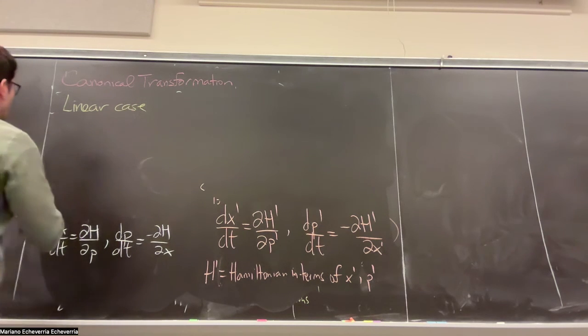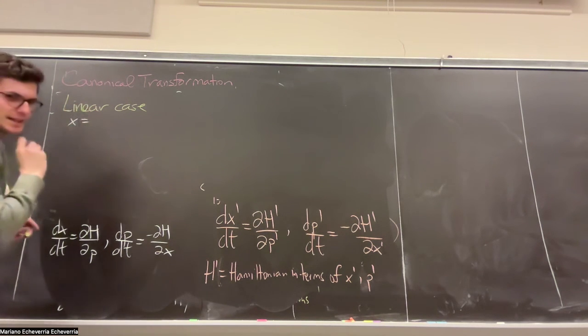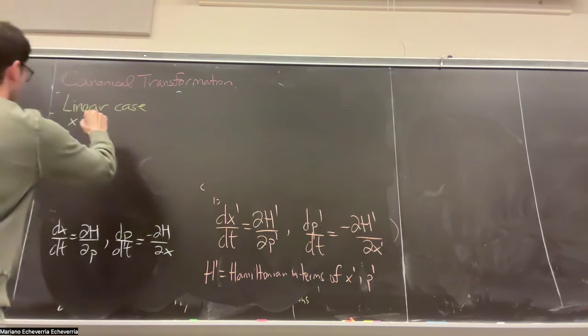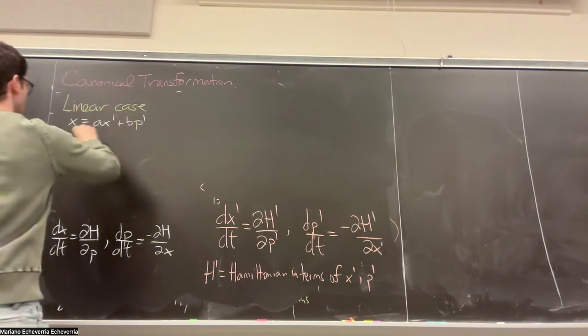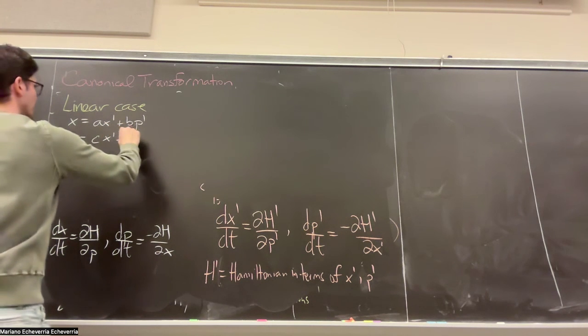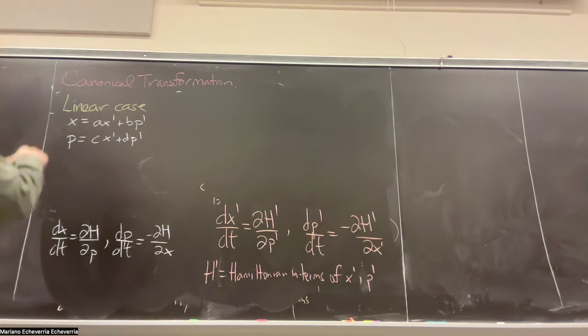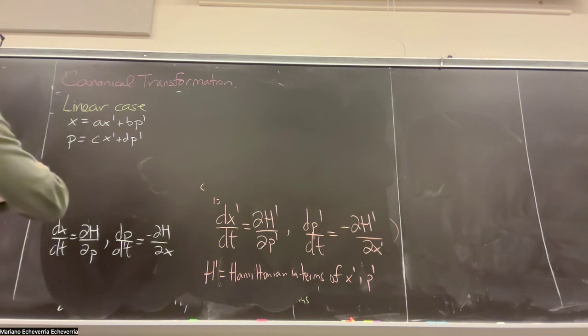By that I just mean that I want to think of x as ax prime plus bp prime, and p as cx prime plus dp prime. So the change of variables is just linear in x prime, p prime.